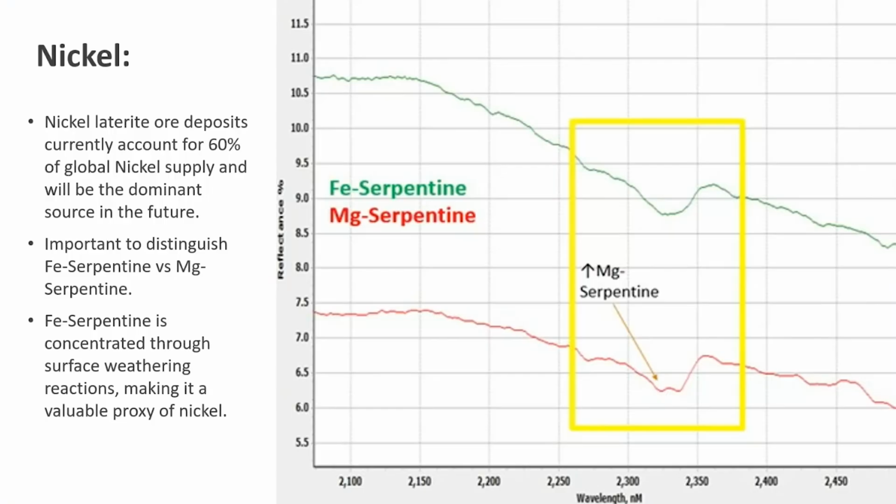And so being able to differentiate these two alterations is critical for identifying the efficacy of a mining operation. So on the right here, we have an example of spectra where we have a very subtle feature that's differentiating these two kinds of minerals. So that's something that's very important for nickel applications.